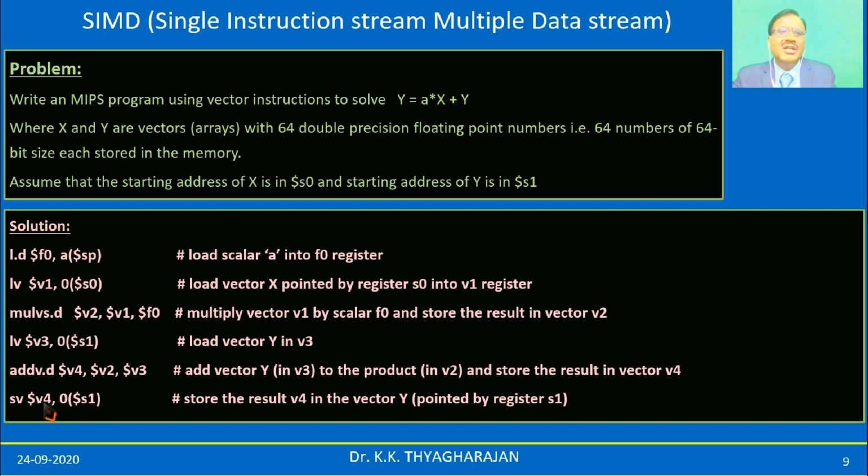So store vector $V4 will store the result in the memory. You again observe that SV is not using .D, because SV itself indicates that it is a vector operation, so it is a double precision vector. So the result will be stored in the main memory pointed to by the register S1.